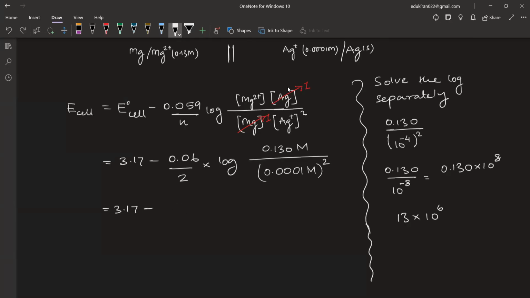Yes or no? Can I write it like that? Yes, sir. Log of 13 into 10 to the power 6. Okay, now we have got this value.